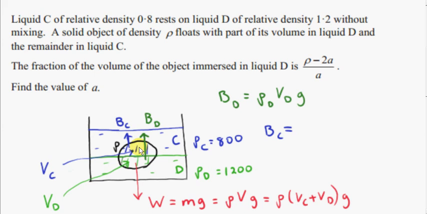So there must be a force acting upwards on it to counteract its weight, which is downwards. What's its weight? Well, its weight is its mass times g. And what's its mass? Well, it's the density of C times the volume of this region here in liquid C, times g.